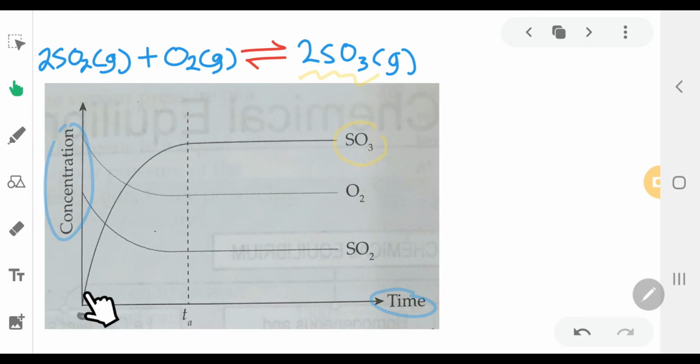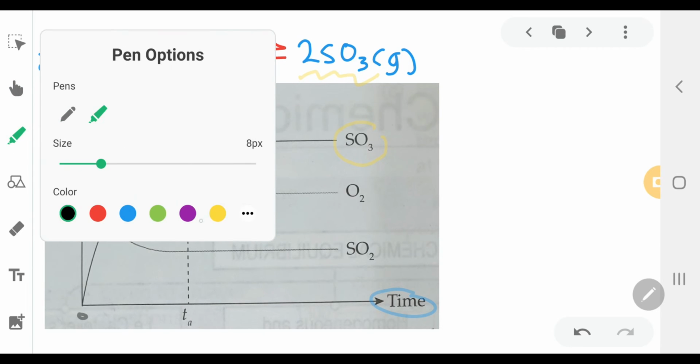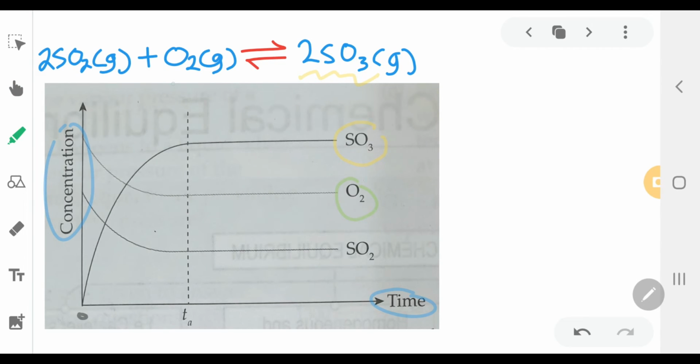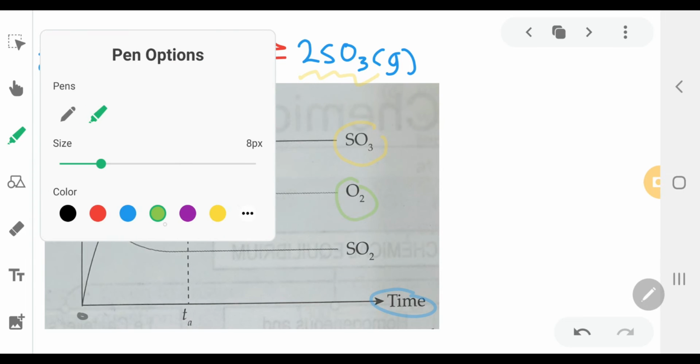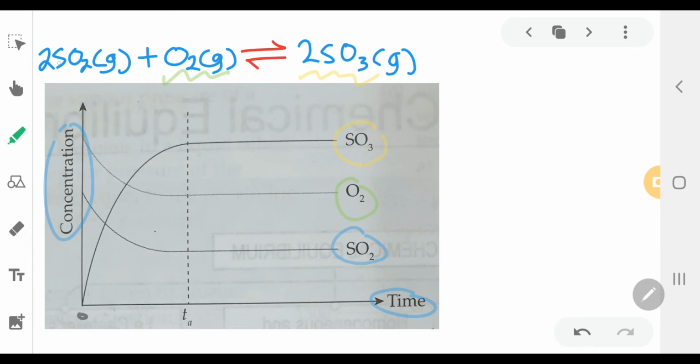What you have at time 0 is the concentration of both of the reactants. You have O2, which is that one, and you have SO2, which is that one. So at time equals 0, when you are just starting the reaction, you have the concentration of your oxygen. So this is the concentration of the oxygen, as you can see, because it is a reactant.